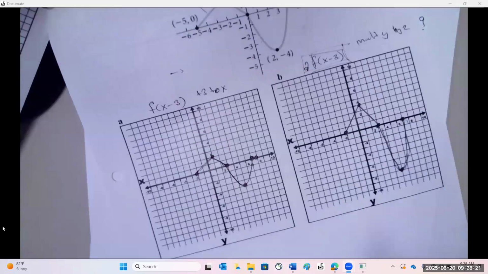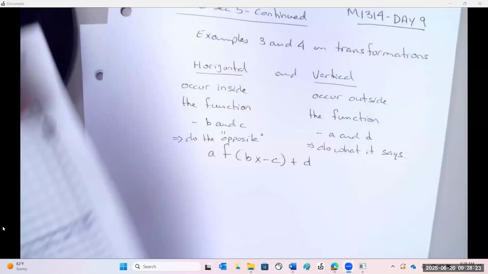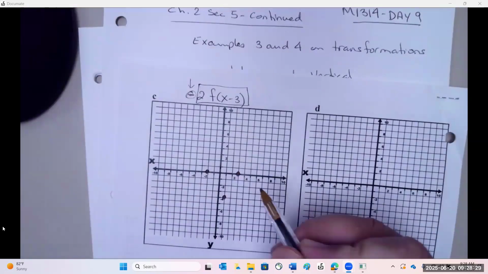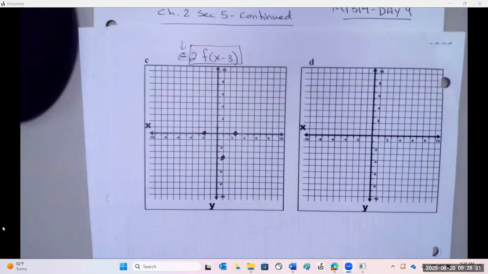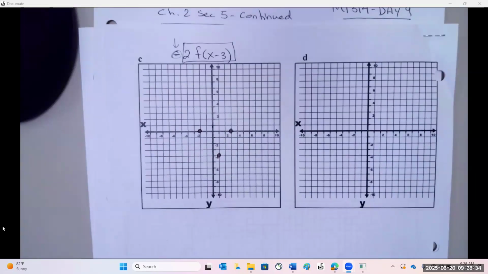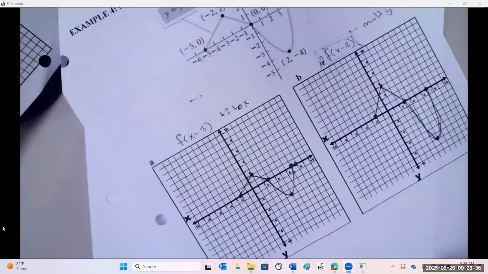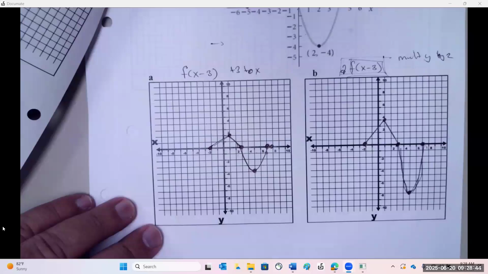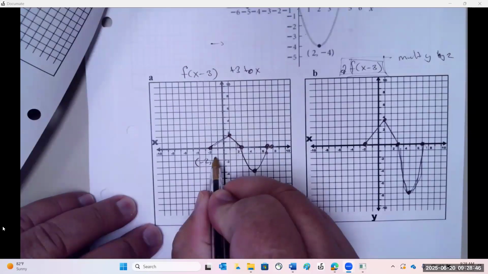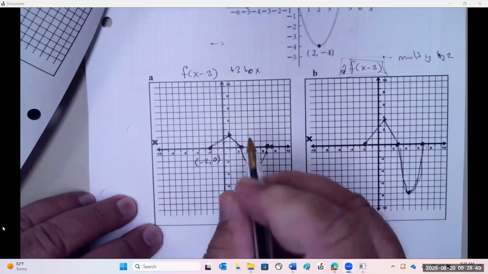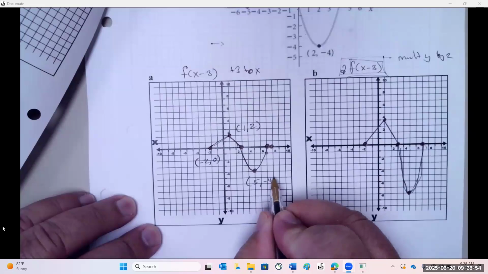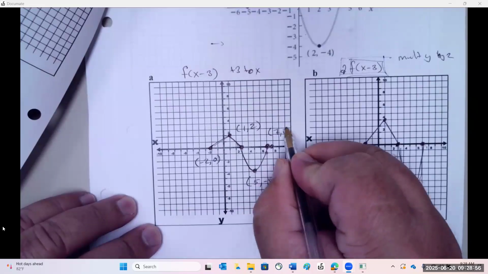Does anything change there? No, because with 0, nothing changed. So it stays at 3, 0. Well, let me go ahead and label these. That's at 2, 0. This is at 5, -4. This is at 7, 0.